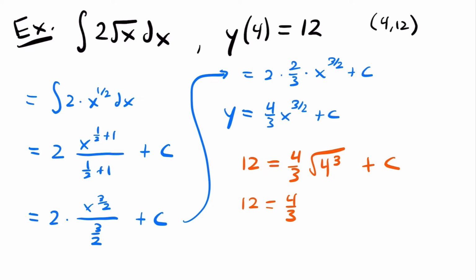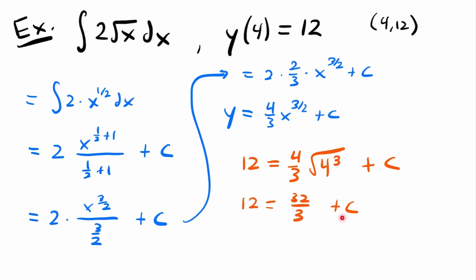Well, 4 times 4 is 16, and then 16 times 4 is 64. And so we'll have the square root of 64, which we know is 8, and so I'm going to rewrite that to be 8. So we have this multiplied by 8 plus c. And so then this right here, we'd have 4 times 8 divided by 3, so that would be 32/3. So I'll rewrite that, and we'll have 32/3.